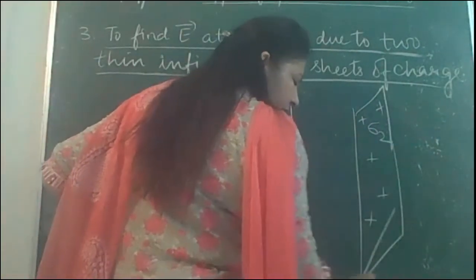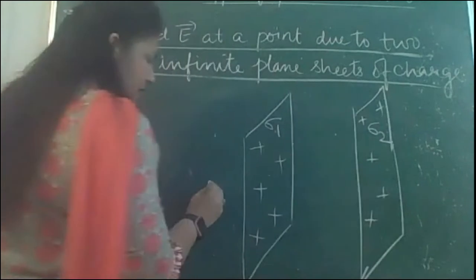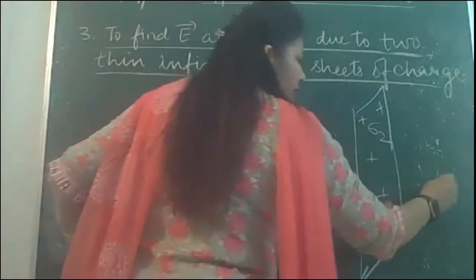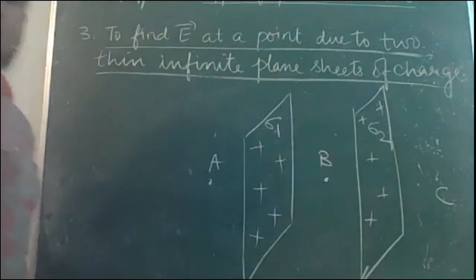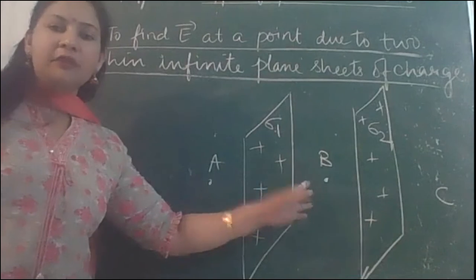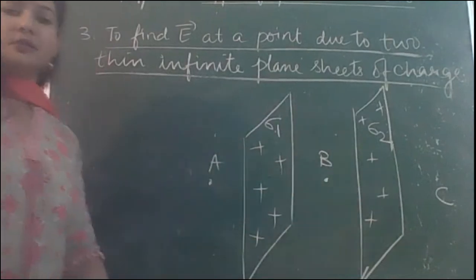So we want to find electric field intensity at a point A, at a point B, and at a point C now. Using Gauss's theorem, we want to find electric field intensity at a point in between or outside the sheets.